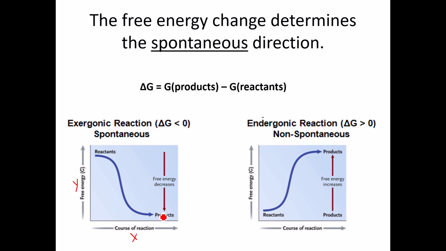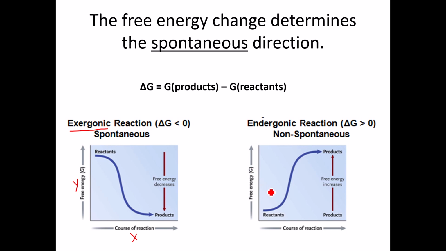This indicates that delta G would be negative. So imagine subtracting a larger number from a smaller number. We would get a negative value. So this is a negative delta G, and we call this exergonic. So if a reaction has a negative delta G, it is exergonic. If it has a negative delta H, we call it exothermic. If it has a negative delta G, we call it exergonic.